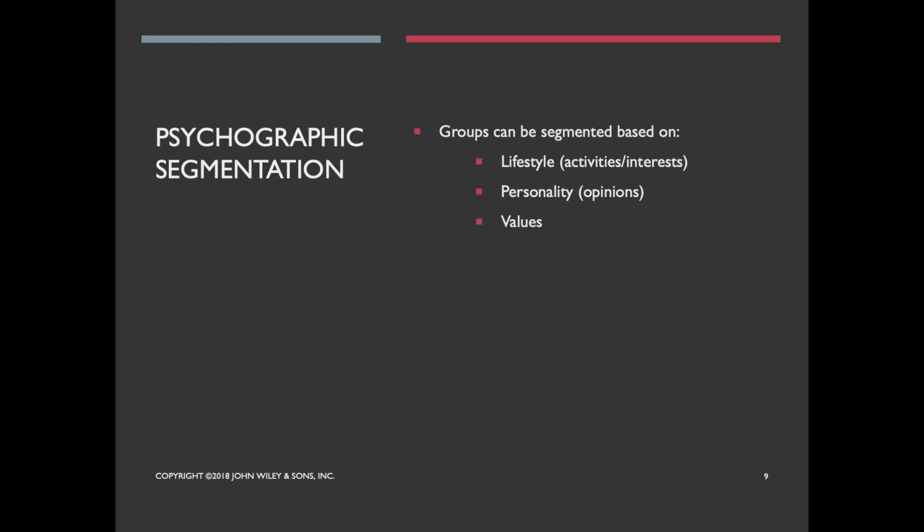There are 2 different frameworks that help measure lifestyle in psychographic segments, and those are the VALS framework and Myers-Briggs. VALS is a combination of behavioral, demographic, and attitudes.